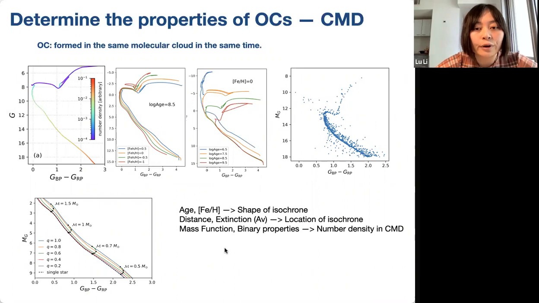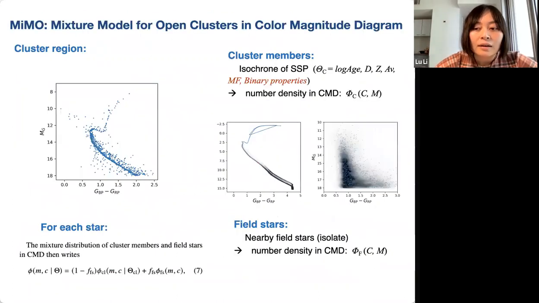Yes, and for field stars, we also don't distinguish whether a star is a field star or a member star, but use a mixture model to treat an open cluster as a mixture of these two components. We construct a non-parametric field model to describe the field stars.